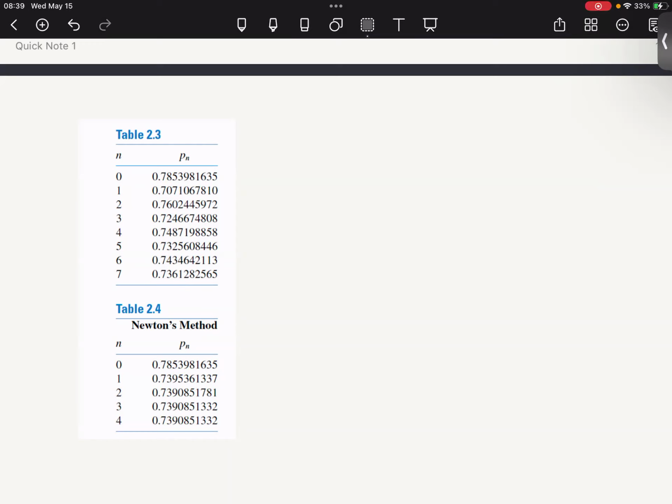You can see this is 0.736, and I believe this one is more accurate than this one. So this is a very powerful tool to find the solution of the f function. I'll just show you the result here to take a look at how powerful Newton's method is.